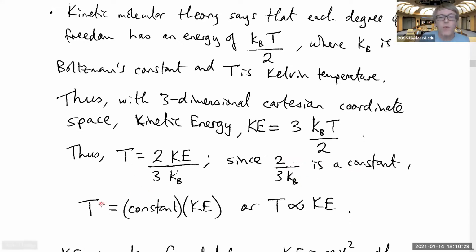Therefore, the temperature in Kelvin is equal to that constant multiplied by kinetic energy. Or we can replace the equals sign with a proportional symbol. So this squiggle here means proportional to. Kelvin temperature is proportional to kinetic energy, so Kelvin temperature is proportional to molecular motion.